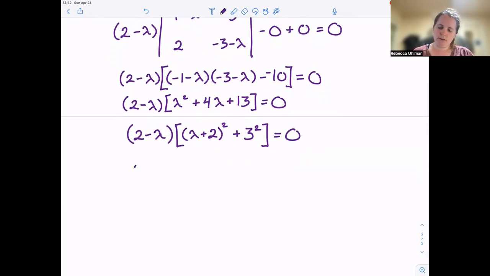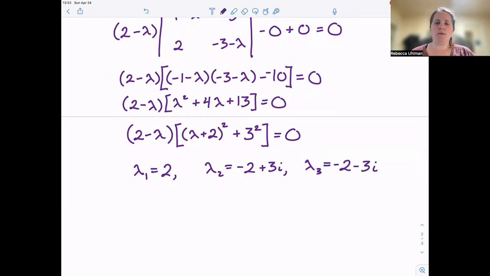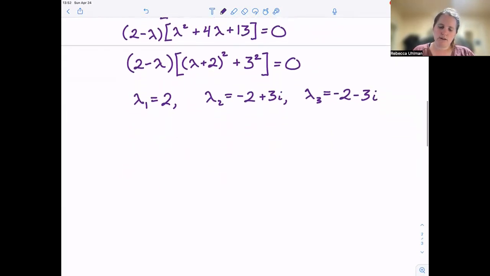So we could take lambda 1 to be 2, lambda 2 to be negative 2 plus 3i, and lambda 3 to be negative 2 minus 3i. So here are the eigenvalues. Step 2 is to find the eigenvectors.